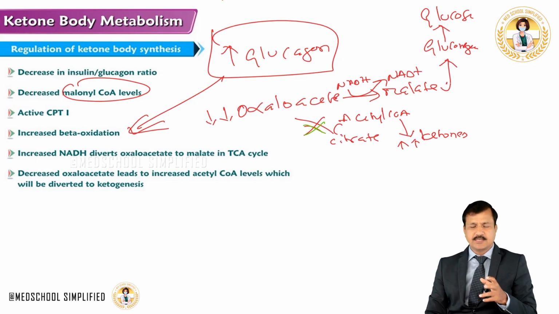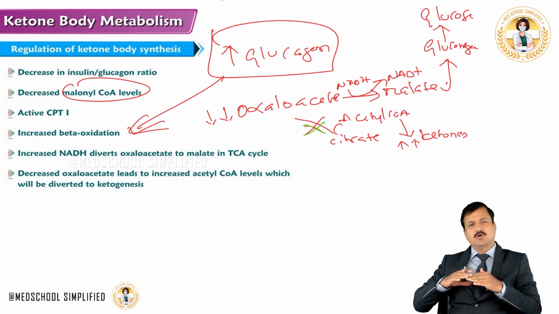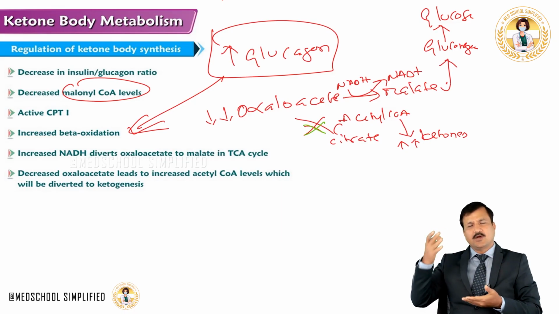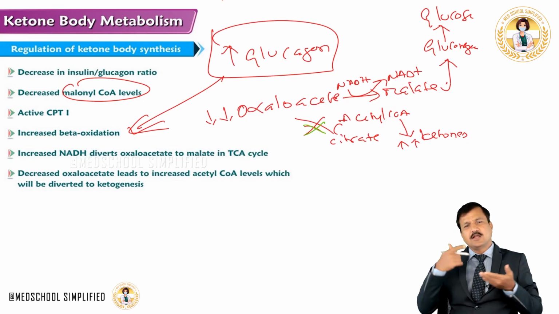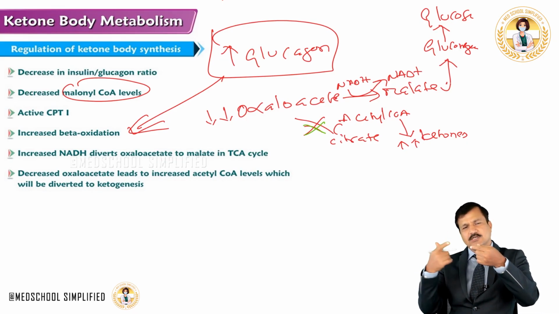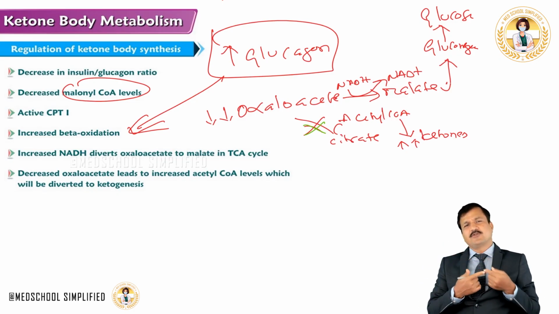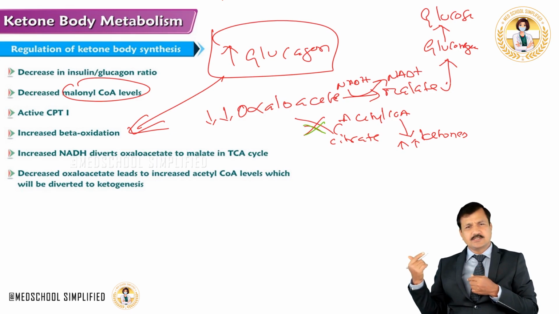So like this, glucagon will make sure malonyl-CoA levels are low, CPT1 is active, and beta oxidation is going on sufficiently. It increases the NADH level, and that increase in NADH level will divert oxaloacetate, which is required for the TCA cycle to continue. Oxaloacetate is diverted into malate, thereby it is not available for condensation with acetyl-CoA to make citrate in the TCA cycle.